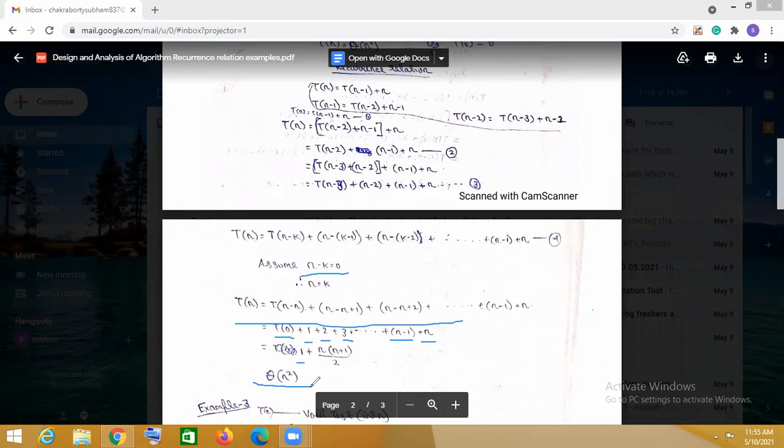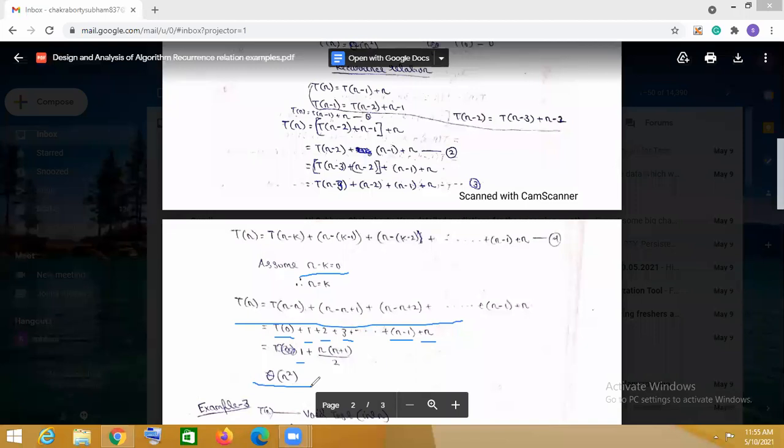So always remember to solve it like that: first use the tracing tree or recursive tree, then solve using the substitution method, and check whether both results are the same. If both are the same, then you have the desired result.